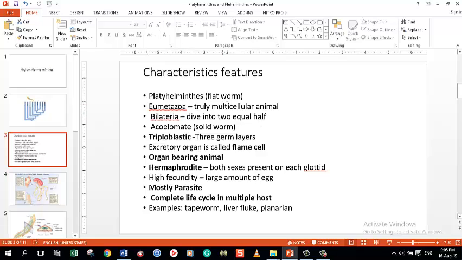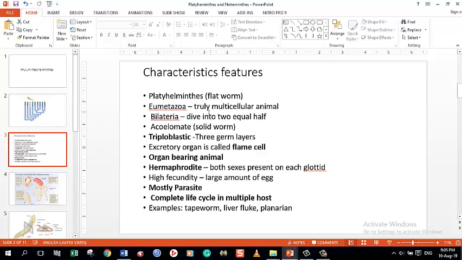Platyhelminthes is also known as the flatworm because you can just think of planaria, think of those tapeworms. These are all flatworms, so commonly they are called flatworms. They are eumetazoans. These animals are the true tissue-bearing animals, therefore they are called eumetazoa.